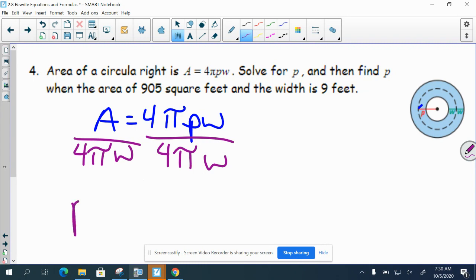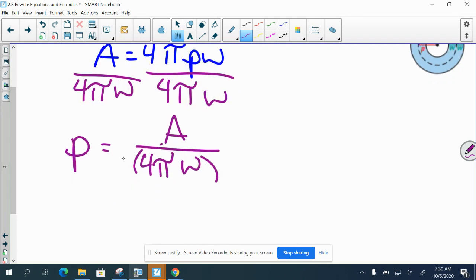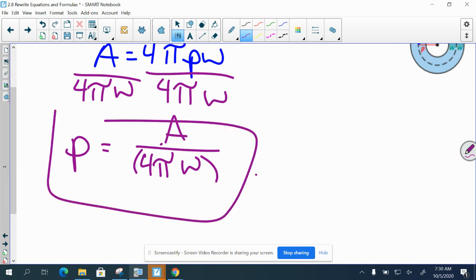So now we'll have p equals area over, and then put the denominator in parentheses since it involves more than one number or variable, 4 pi w. So that would be the formula, and then let's plug in what they asked us to.